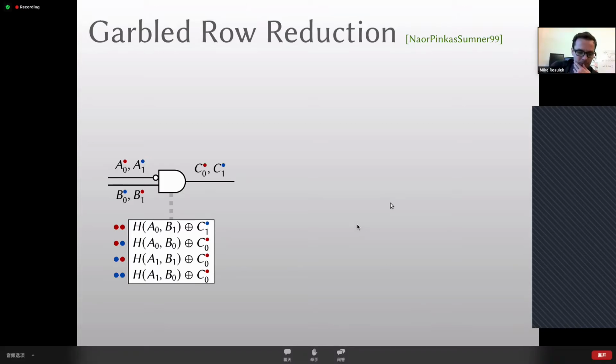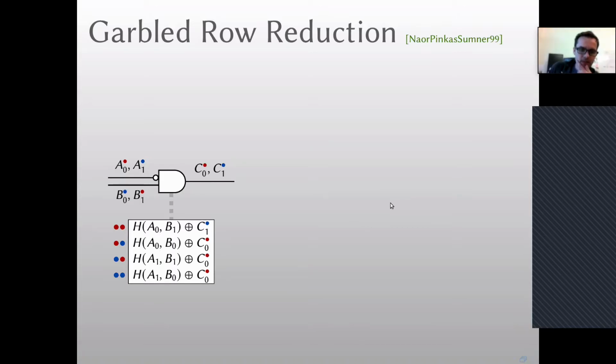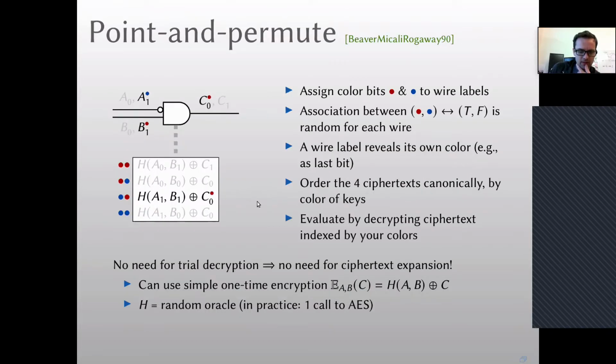Okay, so here is the standard garbled gate, and we're using point and permute. I realize I didn't mention the name of this previous technique. It's called point and permute. Sometimes I'm calling these color bits, so every wire label has a color, red or blue, and those are bits that point you to the correct place in the garbled gate, and the items in the garbled gate have been permuted according to these colors.